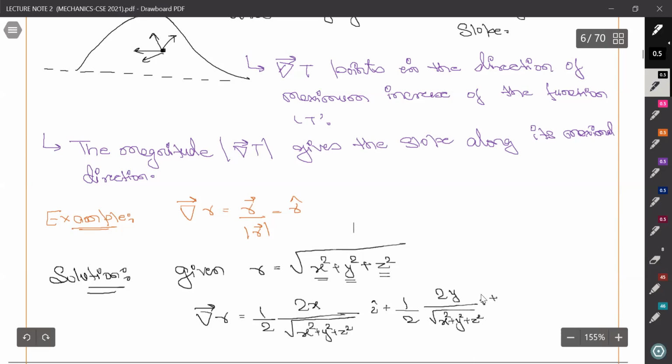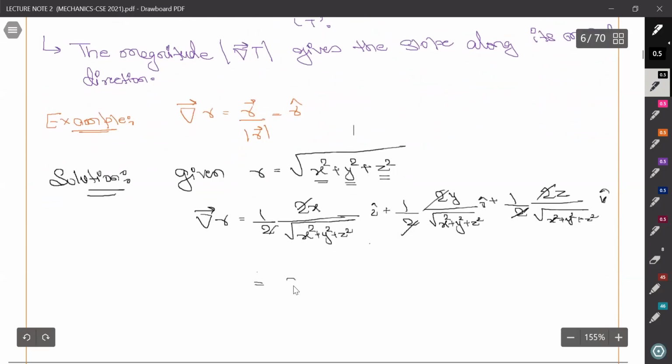I know you know the basics of partial differentiation. Similarly, 1 by 2, 2z under root x square plus y square plus z square, k cap. So we can cut the 2, 2, 2. Also, we can write it as x i cap plus y j cap plus z k cap upon under root x square plus y square plus z square. Clearly, the above one is the r vector, and the rest is mod r.